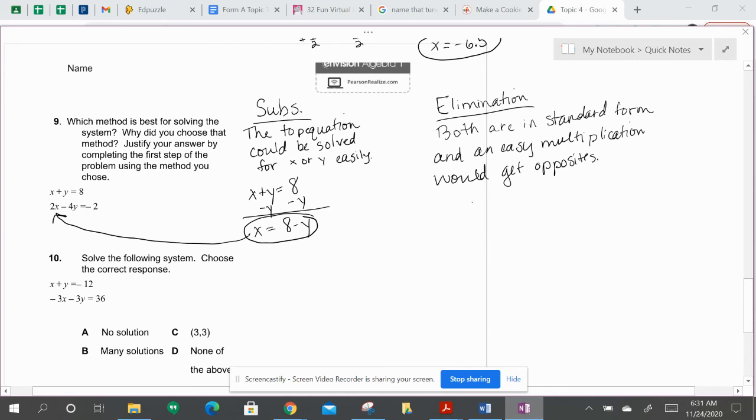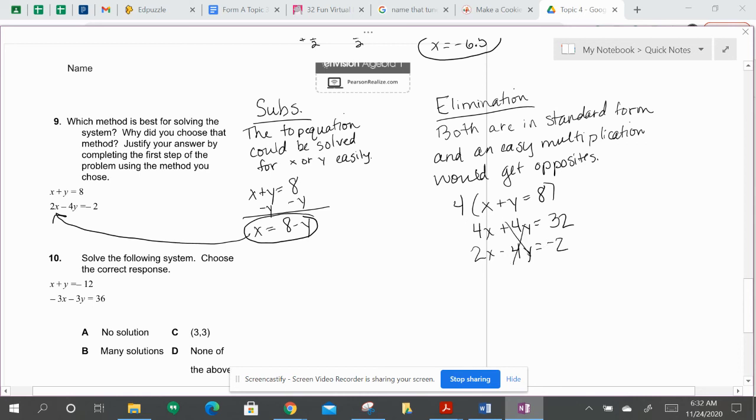So in this case, if I looked at x plus y equals 8, I'd really like it to be either a negative 2x or a positive 4y. And so I could say I'm going to multiply that top equation by, let's say, a positive 4. In doing that, I end up with 4x plus 4y is equal to 32. And that now would get me the opposites on 4y that I could then add to eliminate.